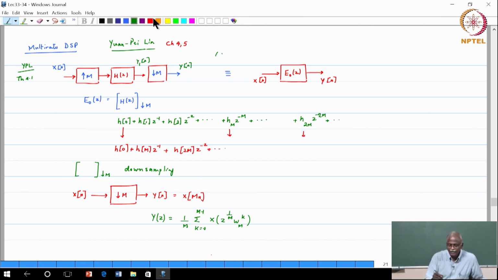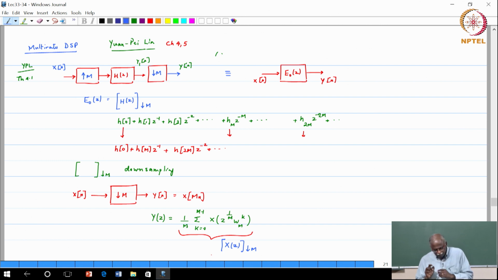This is a cumbersome form, because you have to write the summation and all these powers. This is where it is very convenient to introduce a new notation, x of z downsampled by m. Very compactly you can write it down, and you will see in a moment why this is so useful for us.